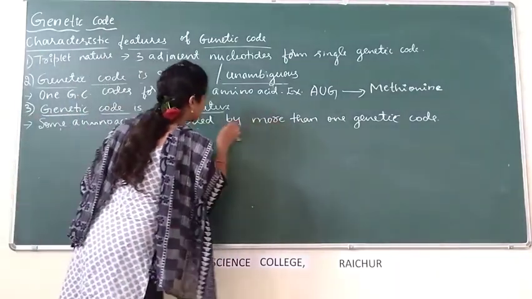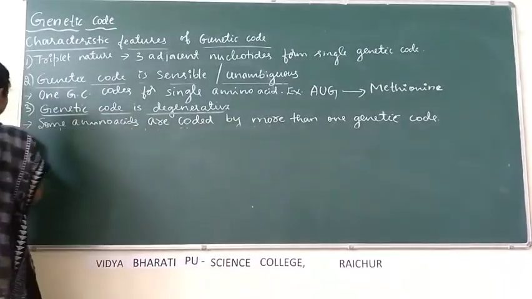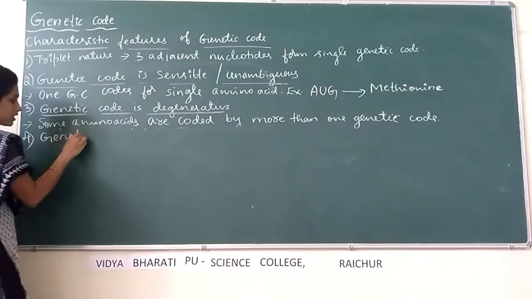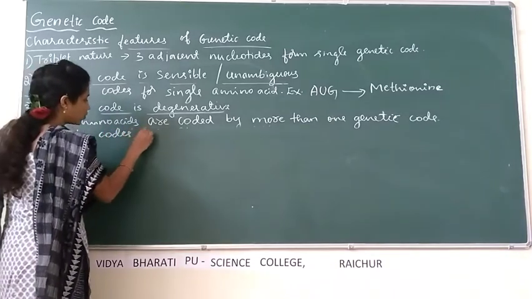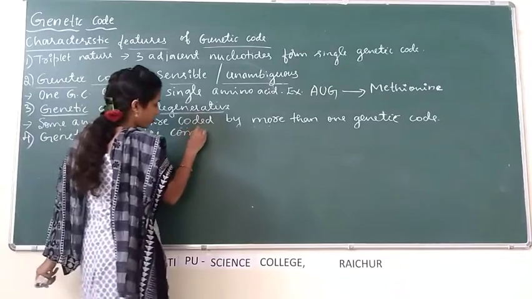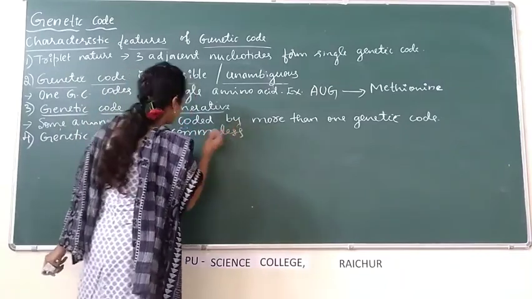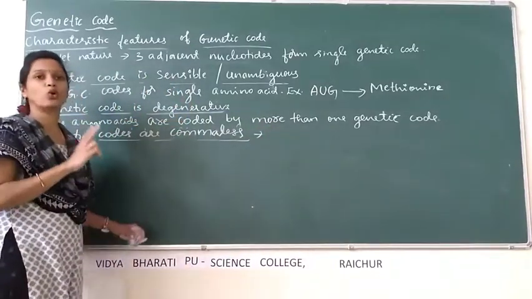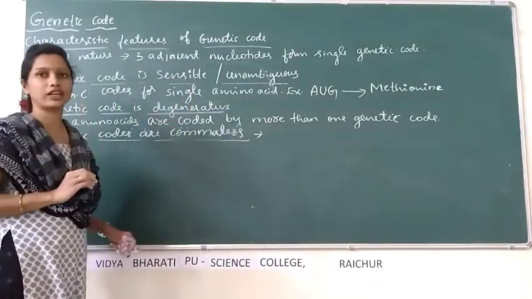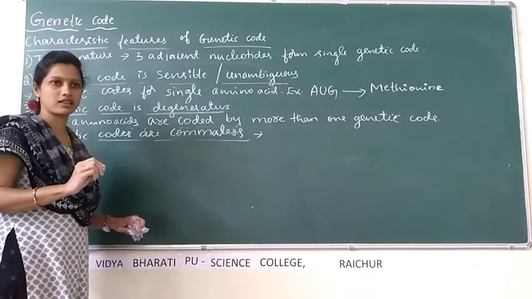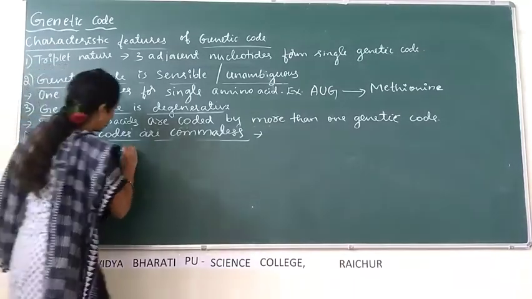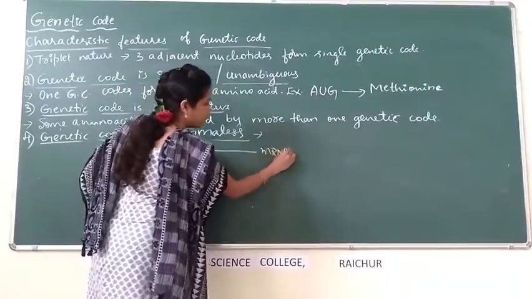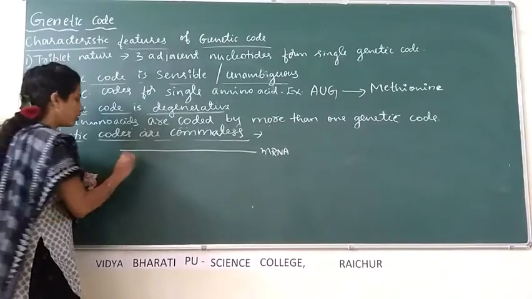Next one, genetic codes are commaless. Means there is no punctuation mark between 2 codons or between 2 genetic codes. No punctuation marks. Suppose this is an mRNA, and it contains codons.